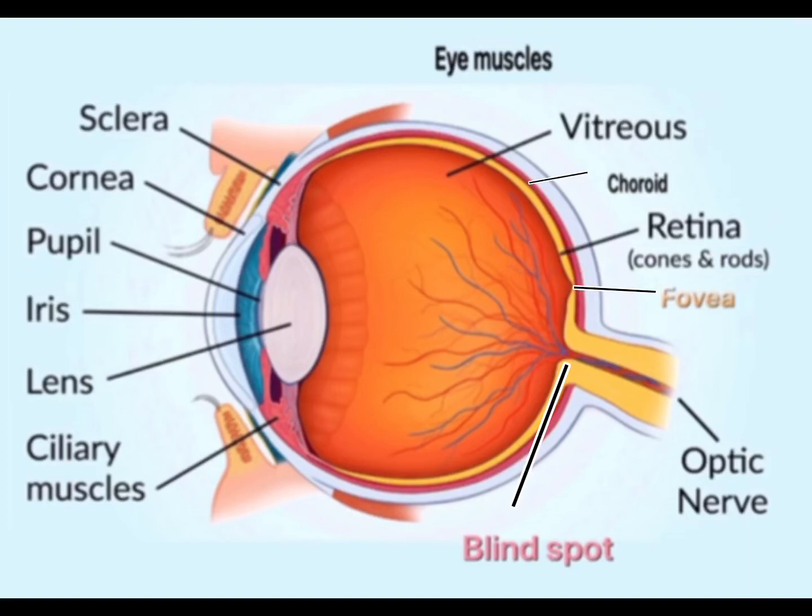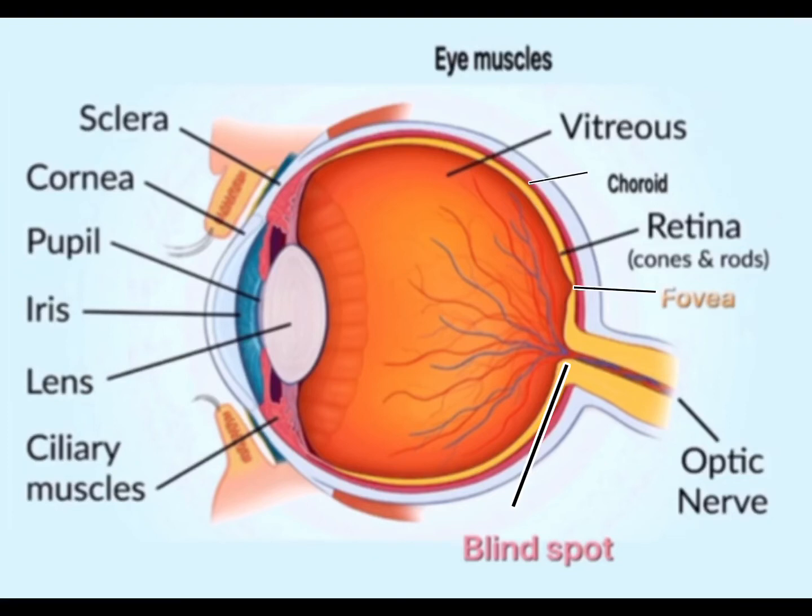Okay, you can see the big ball. It's known as the vitreous humor. This is a jelly-like substance, and it helps to maintain the spherical shape of the eye. Then the ciliary muscles. These are the ciliary muscles. They support and hold the lens.